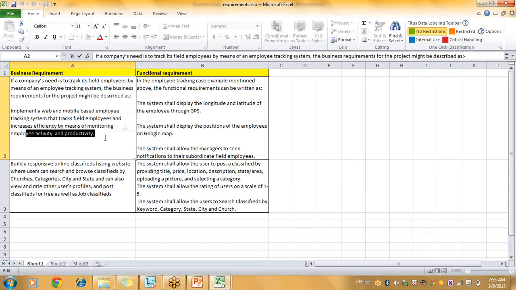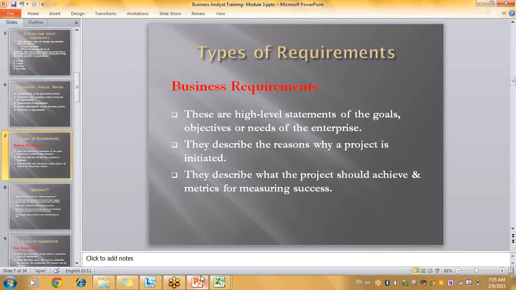So when I say business requirement, it's more that they will be defining that. There are various requirements which we'll go and see. It's a high-level statement of the goal, objective, or needs of the enterprise.